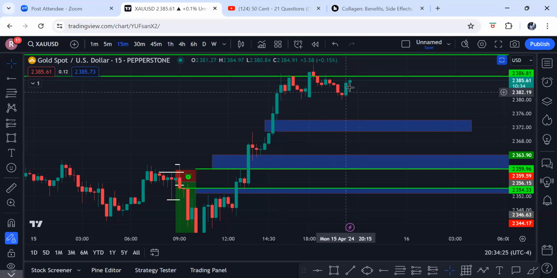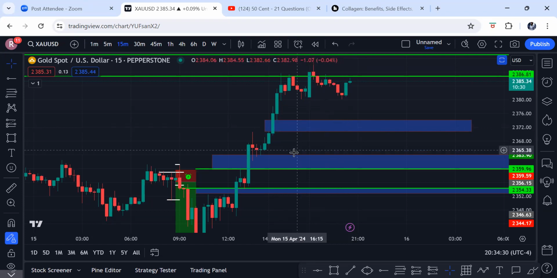That's the only reason I would potentially look at it, since price may not trade back down into these lower areas. Preferably, I want to see it come back down here for sure. But we'll see.